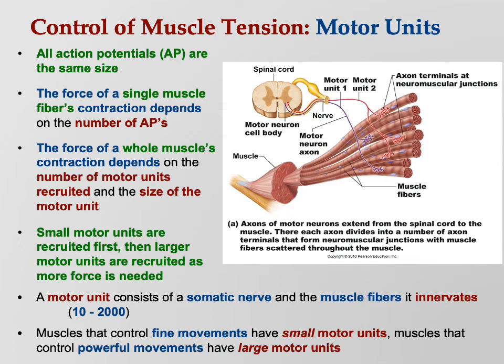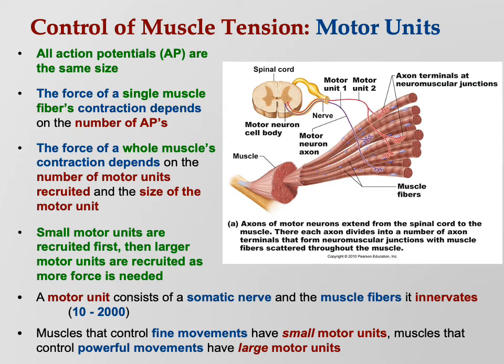All right, so once again, just to summarize quickly, there are 3 ways of controlling muscle tension. At the level of a single muscle fiber or cell, it's the number of action potentials per second. More action potentials per second creates more tension. Then at the level of the whole muscle, it's the size of the motor unit, and then the number of motor units that are called into action, which is called recruitment, okay?